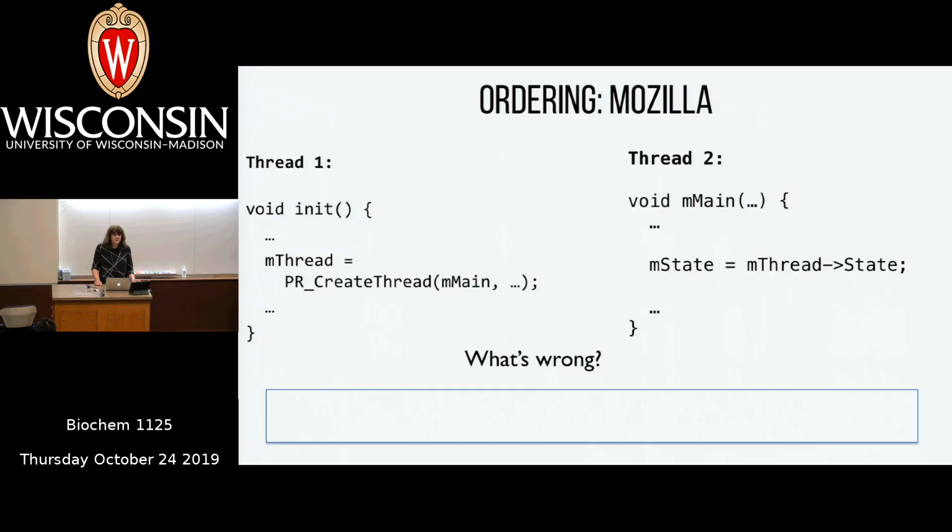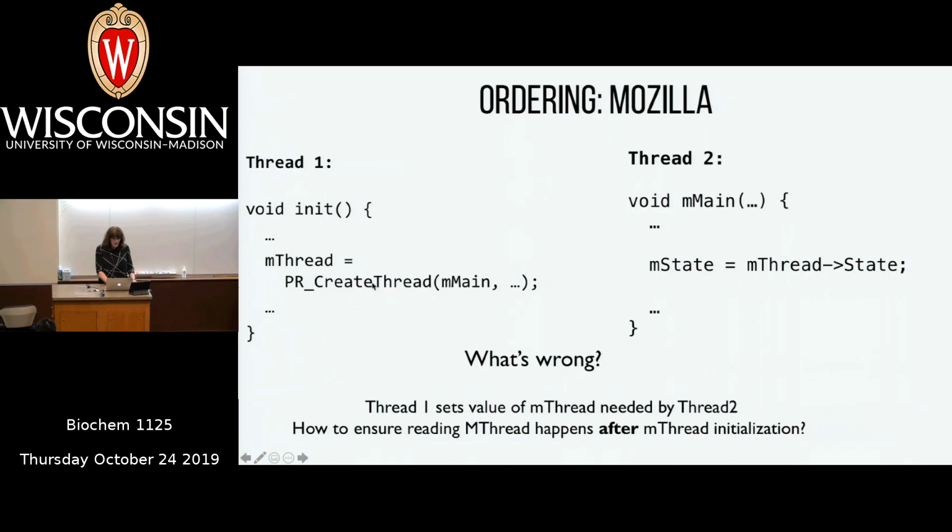It helps if you know a little bit about exactly how thread create works, because it seems like this wouldn't have caused a problem. But thread create starts off thread 2, which starts running here. And before it returns, this thread is running, and it can do this statement here. But we haven't yet set the thread that's the return value of that by the time thread 2 gets to that in its routine where it started. So it's trying to dereference this variable over here that hasn't been set yet.